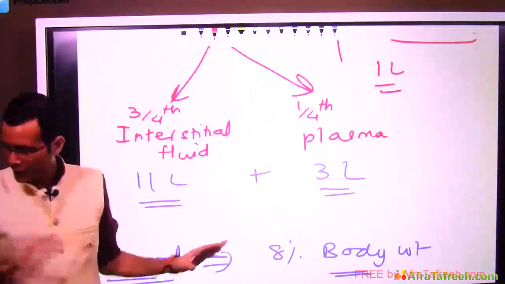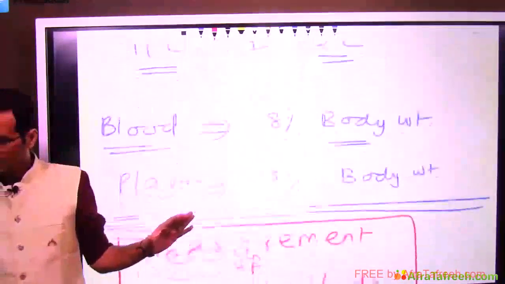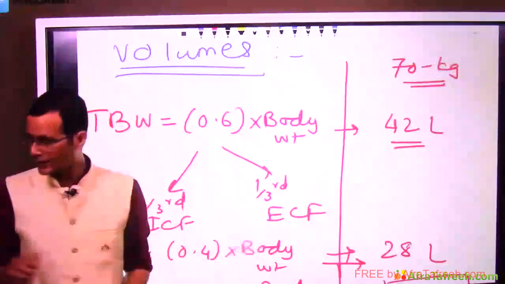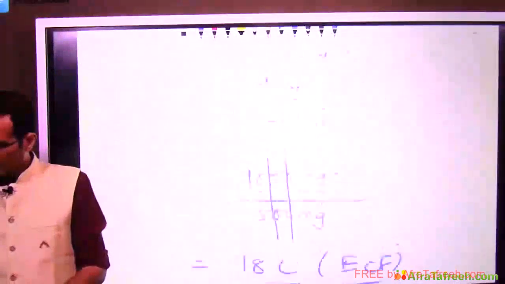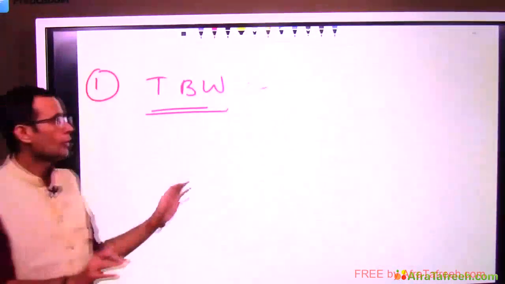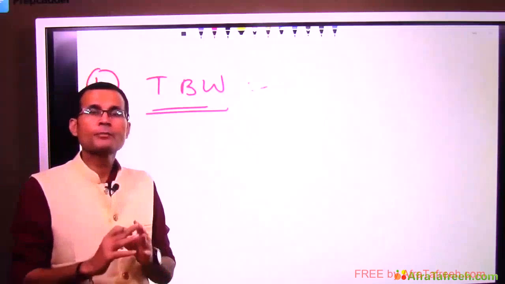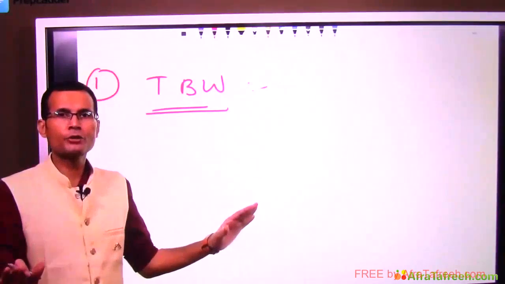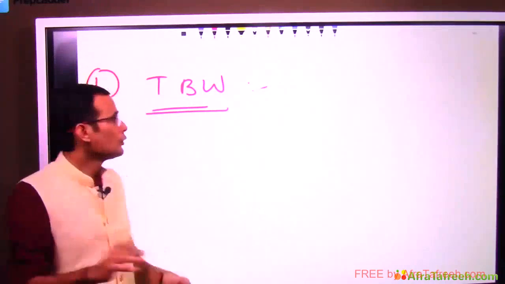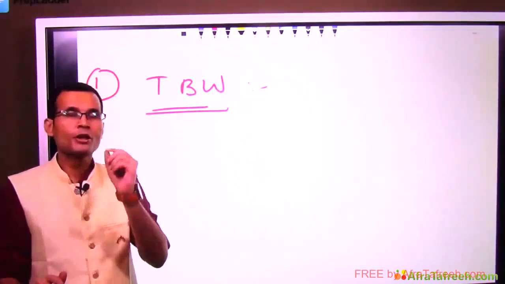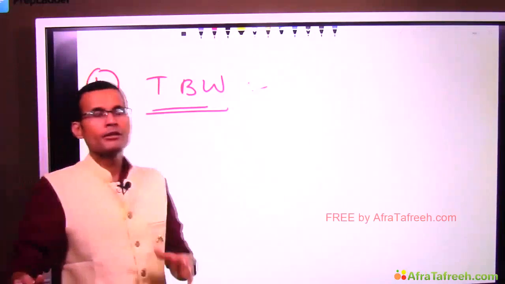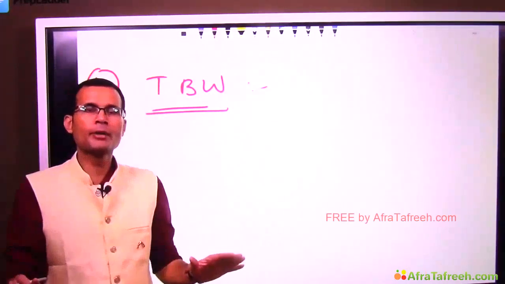Anyways, the point was that whatever we are going to measure, whether it is total body water, which includes ICF, ECF, all the volumes, or we are measuring ECF, the dye should uniformly distribute into that compartment which we are measuring. So if we are measuring total body water, what should be the criterion? It should easily cross the membranes.